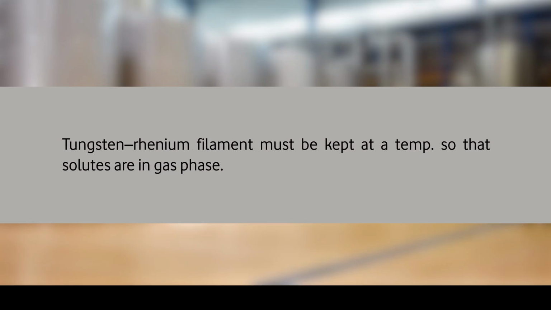Generally, it is a tungsten-rhenium filament, and it must be kept at a temperature so that solutes are in the gas phase. Throughout the column, the detector, and the injector, the temperature should be such that the material is always in the gas form.